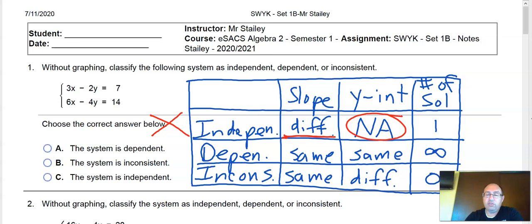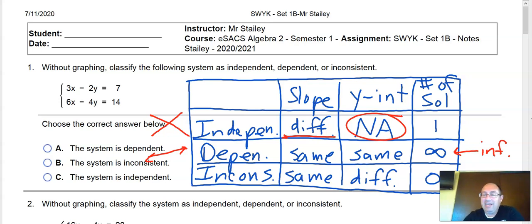As soon as I know the slopes are different, I know the two lines cross one time. Now, the other two terms, dependent and inconsistent, represent same line. So if you have two lines that sit directly on top of each other, then you wouldn't really notice that they were different, but they would have to have the same slope and the same y-intercept, which means they would be hitting every point identical. That means there's an infinite number of solutions, and I'm using the infinity symbol.